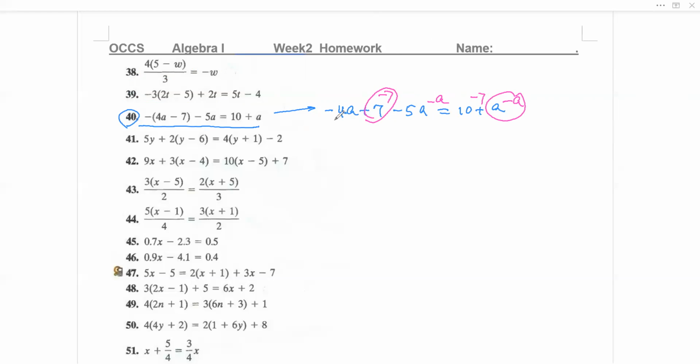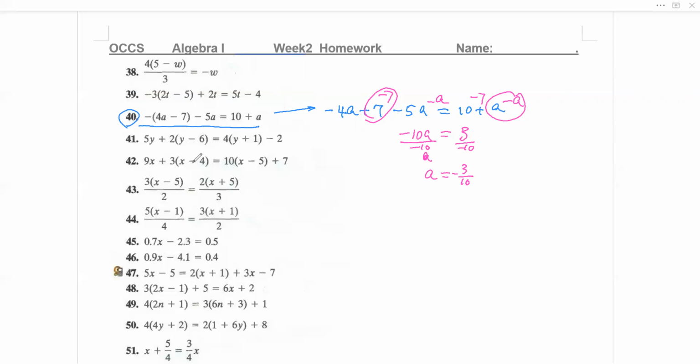So what is left in the left part? Negative 10a, right? Negative 4, negative 5, negative 1. So we get negative 10a. The right part equals 3. So both sides divide by negative 10. So a equals negative 3 over 10. Right? It's easy. Three steps.